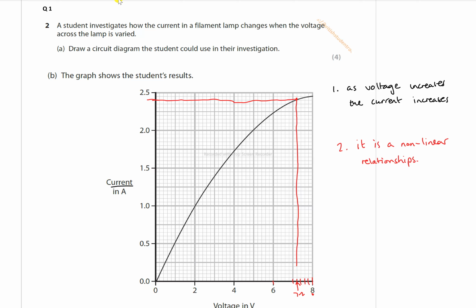So I know it's not 0.1. Every 2 squares is 2.1, 2.2, 2.3, 2.4. So we're expecting a current of 2.4.